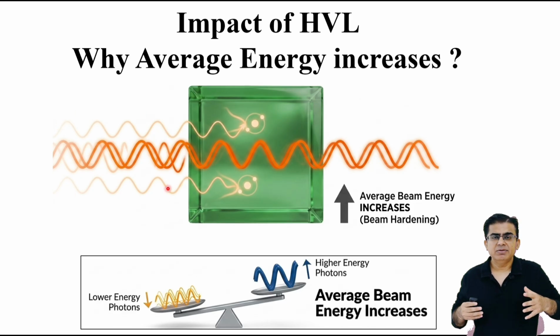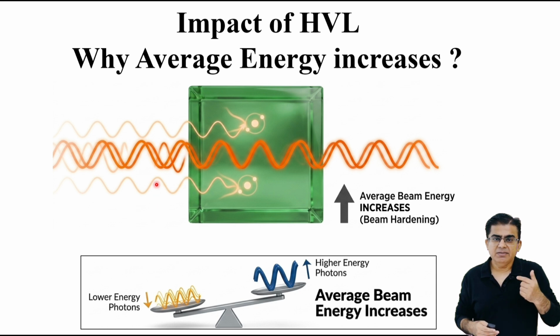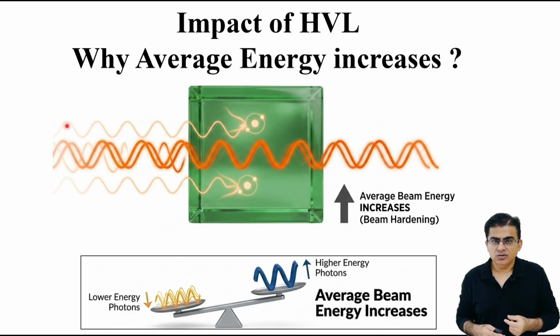It contains a complete mix or spectrum of varying photon energy. This is the incident beam carrying some low energy or weak photons and some high energy photons. These thin light colors are low energy photons and these bright red colors are high energy photons.